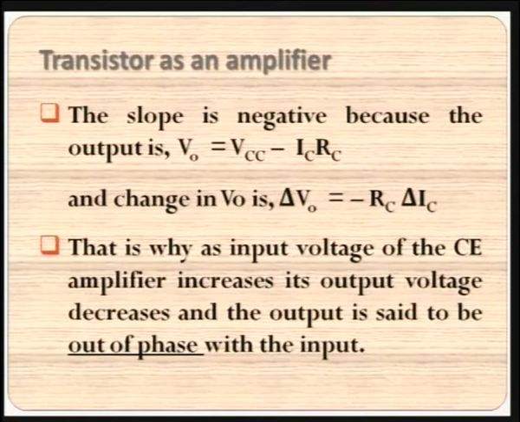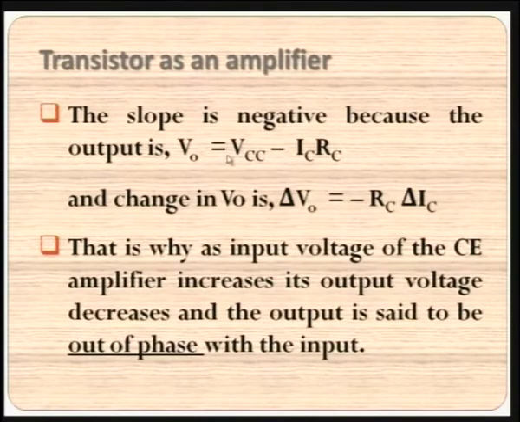The slope is negative because the output is written as VO equals VCC minus ICRC. This equation is the outcome of Kirchhoff's voltage law for the output side. And when we take the change in the output voltage, we have to differentiate this equation.